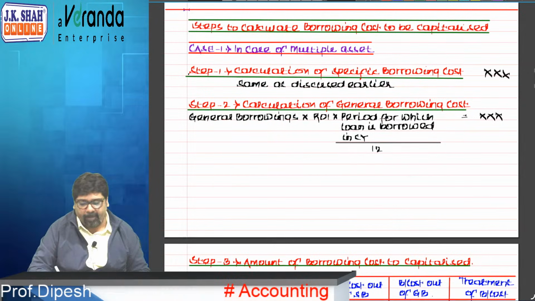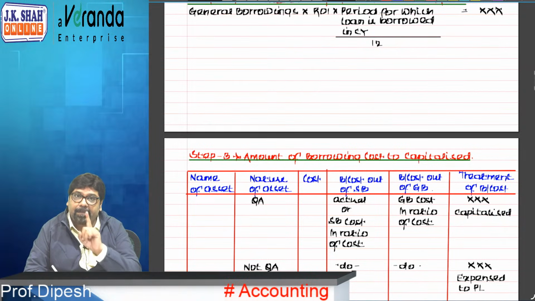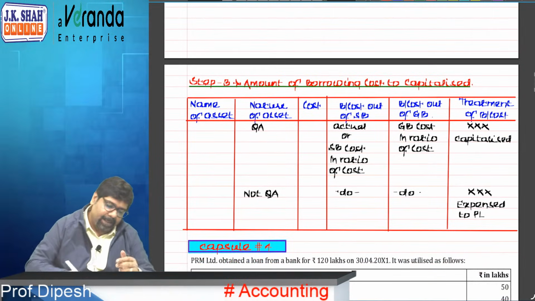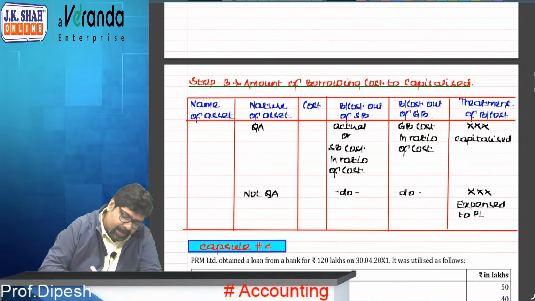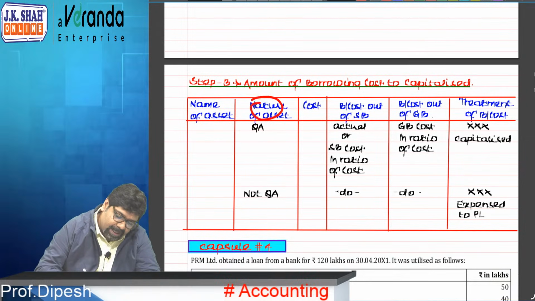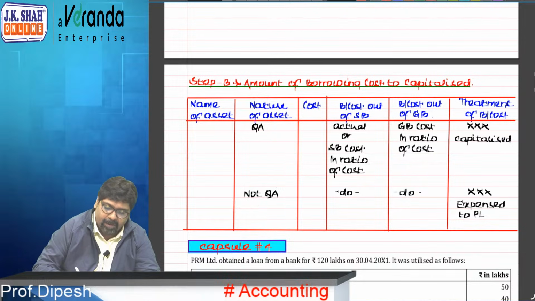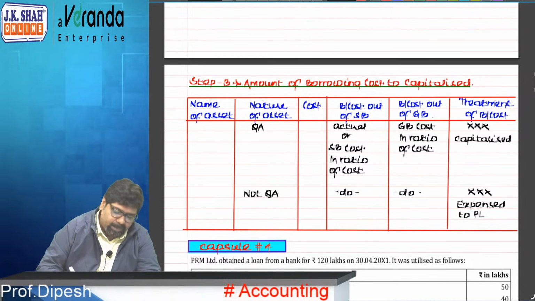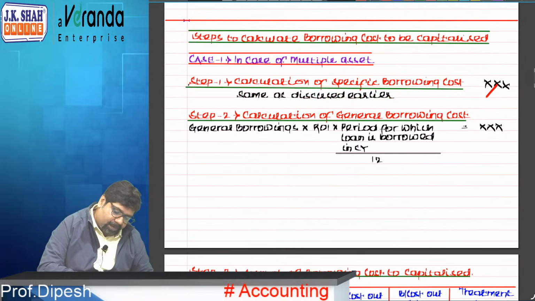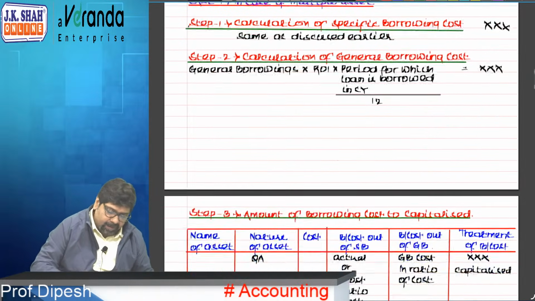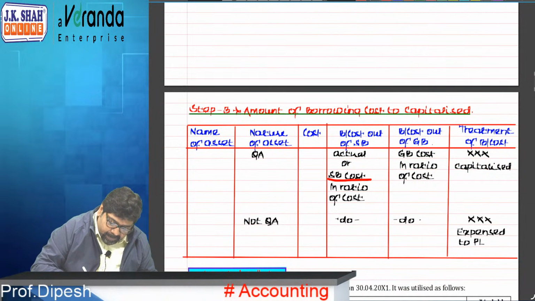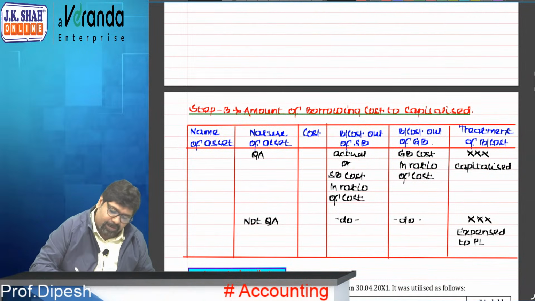Now, remember this is multiple assets. Calculate amount of borrowing cost to be capitalized. Nature of asset, qualifying, not qualifying. Cost. Borrowing cost out of specific borrowings, actuals, that means directly this amount, or specific borrowings in the ratio of cost.